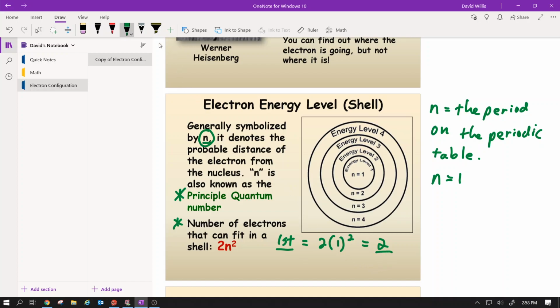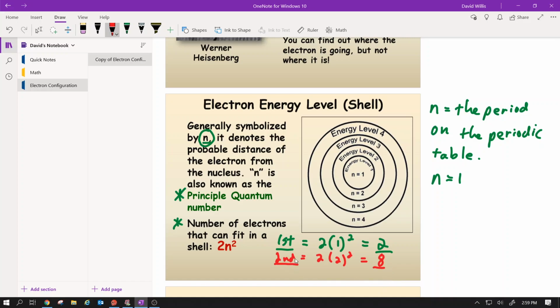All right? Now, what about my second energy level? 2 times 2 squared, which is equal to 2 squared is 4, times 2, 8. So my second energy level can hold 8 electrons.